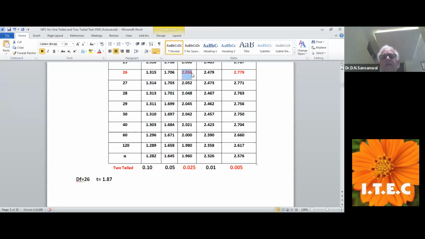It is not significant, let us say at the 0.05 level. And if it is not significant, what is the meaning? Gaurav, what is the meaning?